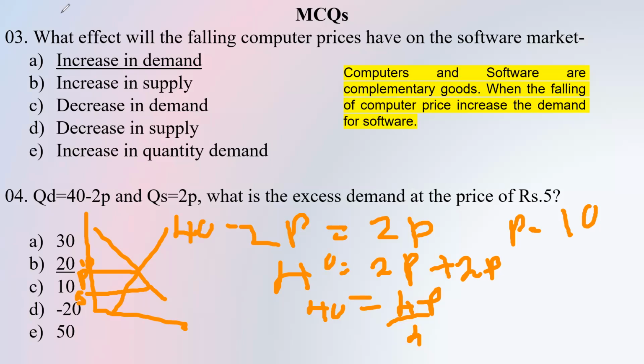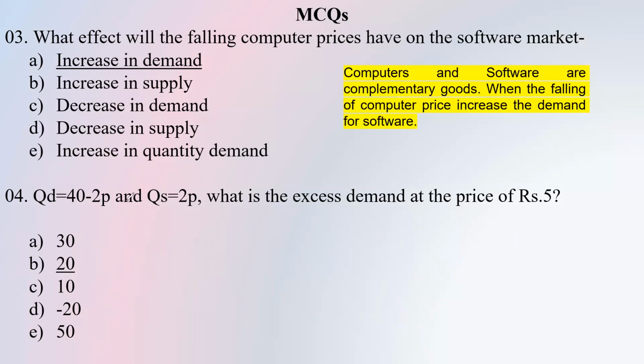So then QS, you can calculate, so that you have the idea about the equilibrium price also if you want to draw. Otherwise, directly, if you have some understanding, you don't need to worry about the equilibrium; you can just substitute 5 instead of P. Right? So the QD here, QD is equals to 40.